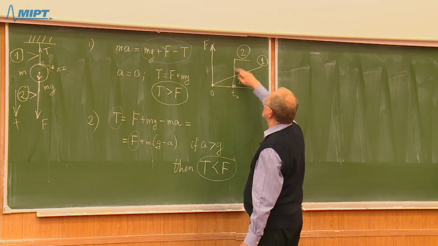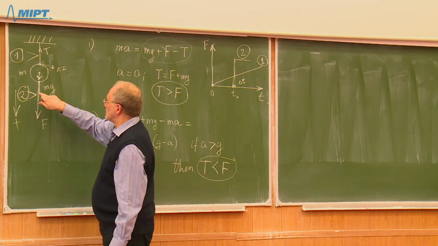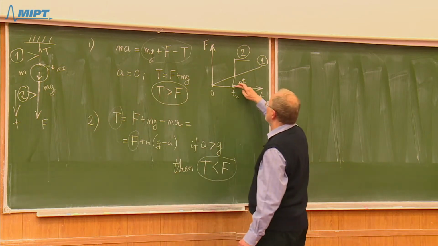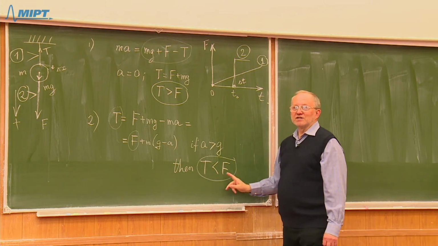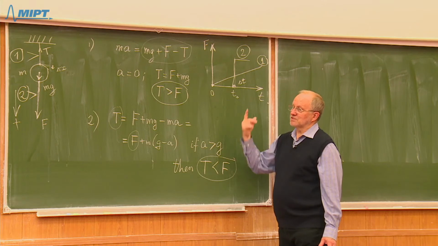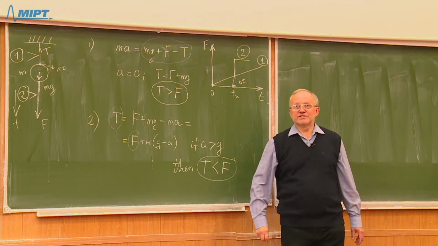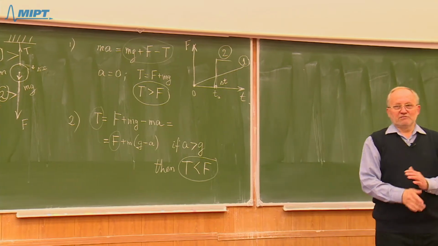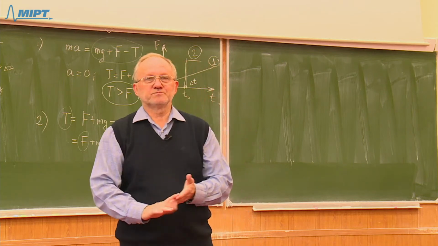If the force of pull exerted on a lower string is changed very quickly, then the lower string will be the first to break. That is either the upper string or the lower string, depending on how the force is changing in time. I will attempt to show you this experiment now.